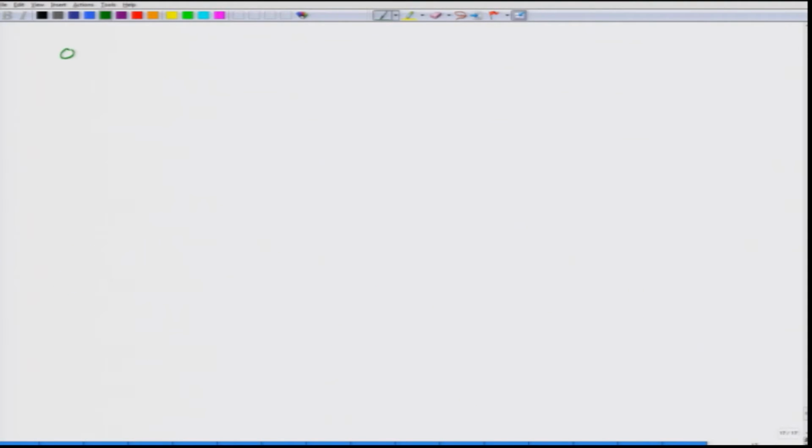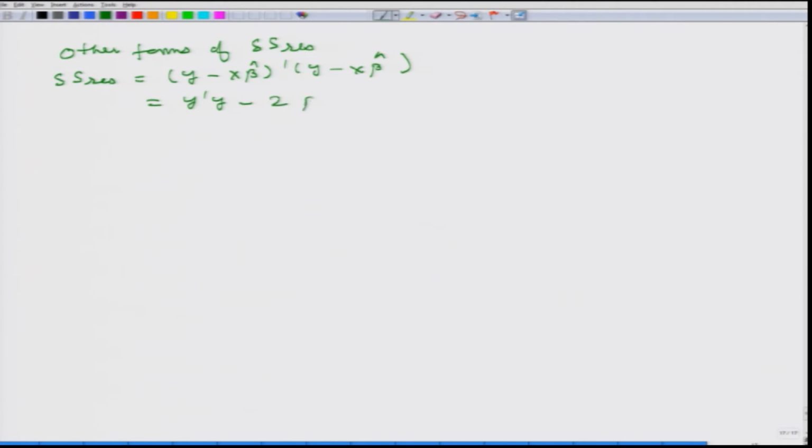There are some other forms of the sum of squares due to residuals. For example, I can also express it as y minus x beta hat transpose times y minus x beta hat, and if I open it, this becomes y transpose y minus twice beta hat transpose x transpose y plus beta hat transpose x transpose x beta hat.